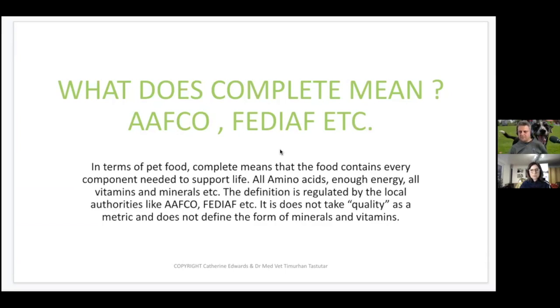Most of the additives are added regardless of the quality of the food. That means they are formulated to fulfill the needs of AAFCO or FEDIAF, and that's added in. There is no discussion. There is not even checking the quality of the food, really, because these are the minimum needs. So just add them and be done with them, because the food is possibly deficient anyway, right? This is how they are formulated mostly.